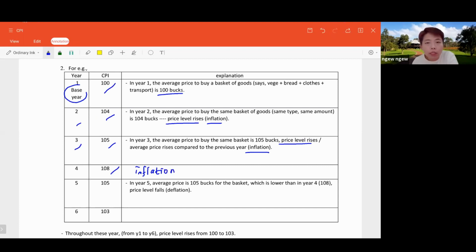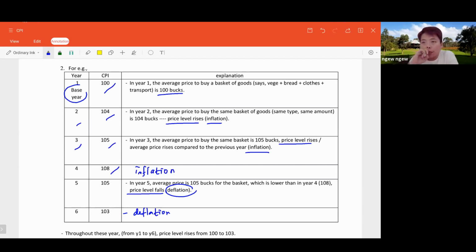However, in year 5, the basket is cheaper compared to year 4. Then we can tell the price level falls compared to the previous year. This situation we call deflation. Likewise, in year 6, it is still deflation because the prices are cheaper than the previous year.